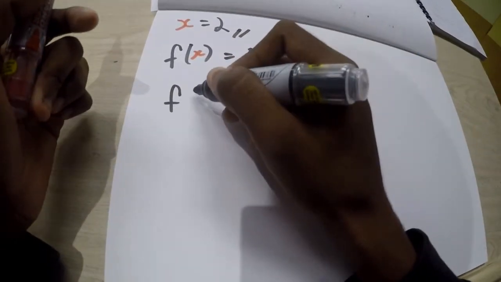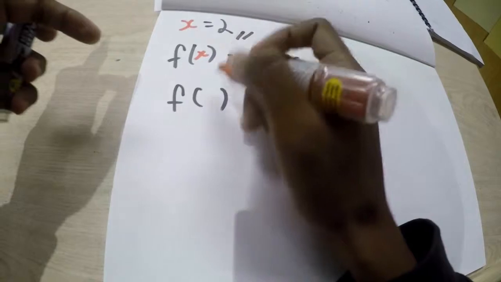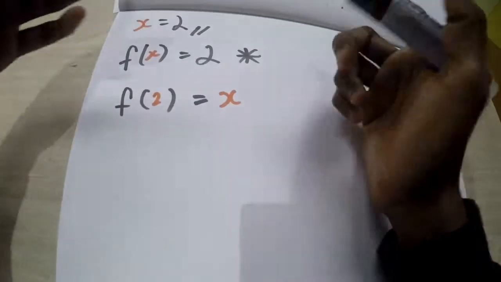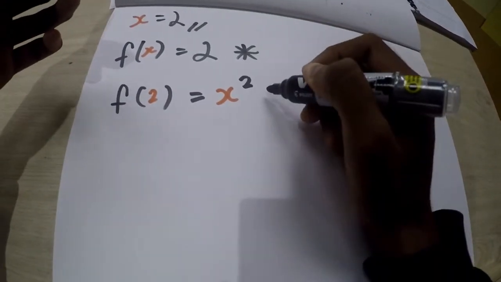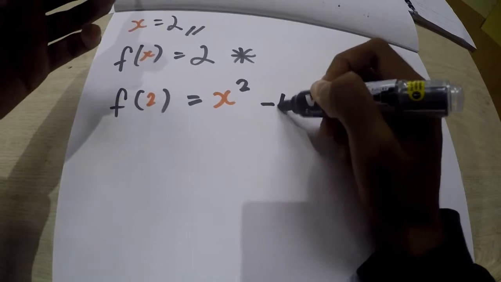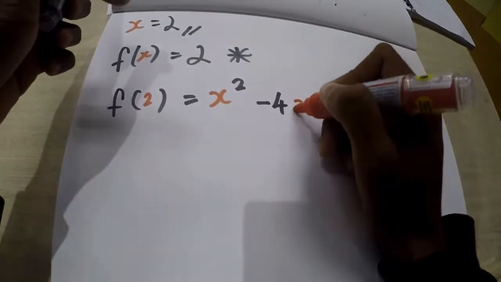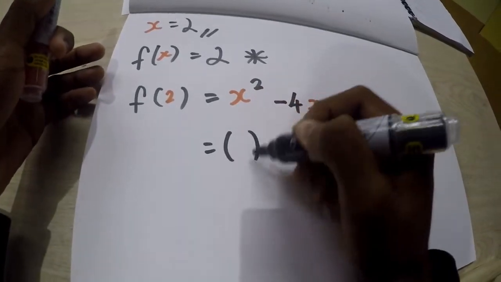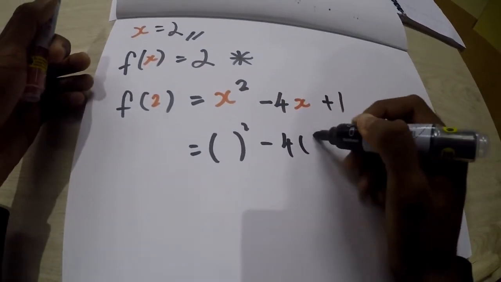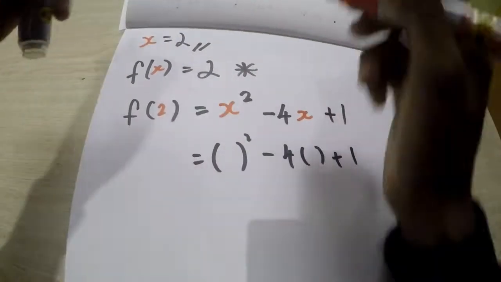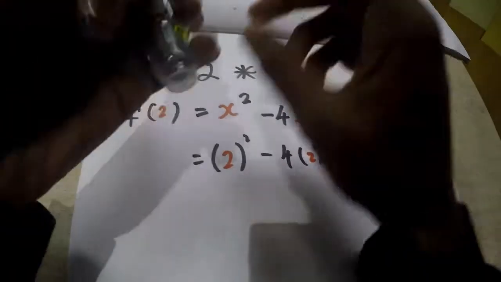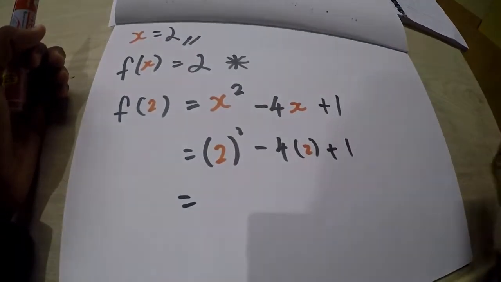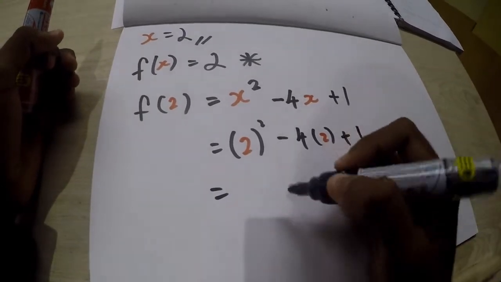So f of 2. So now the equation was x cubed plus 4x squared plus 4x minus 1. So now I'm going to sub in 2, and I think everyone should know the answer, which is -3.